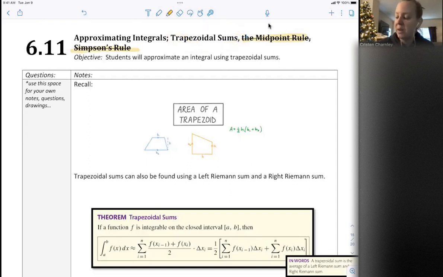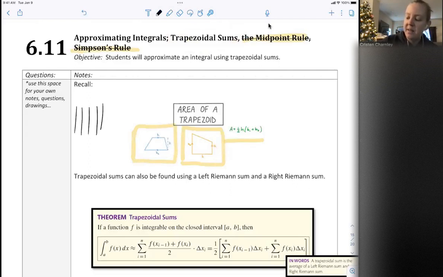So area of a trapezoid, if you remember, is 1/2 height times base 1 plus base 2. And we are used to this orientation of it, especially from geometry. But when we're talking about trapezoid sums, we tip it on its side and it looks like this. So again, we're going back to those rectangles that we had.